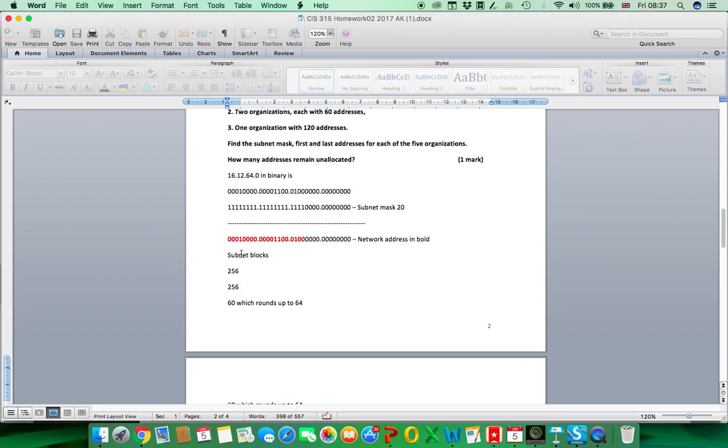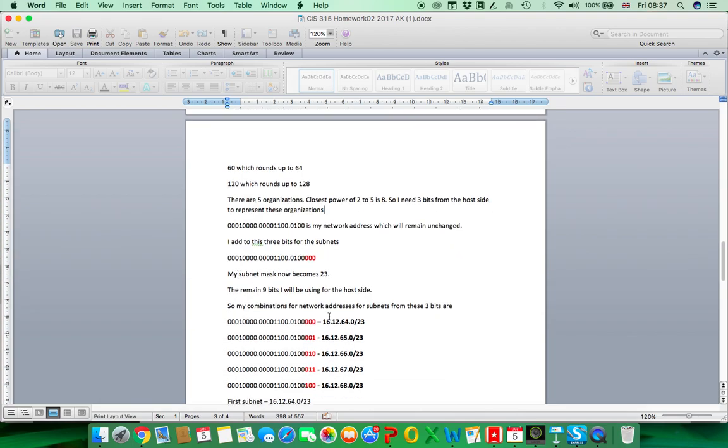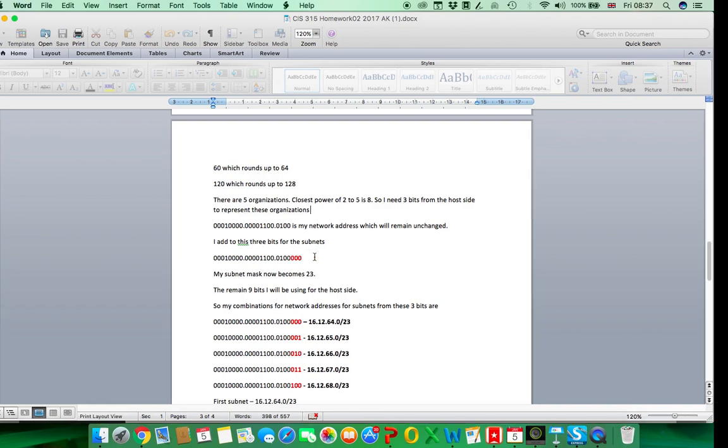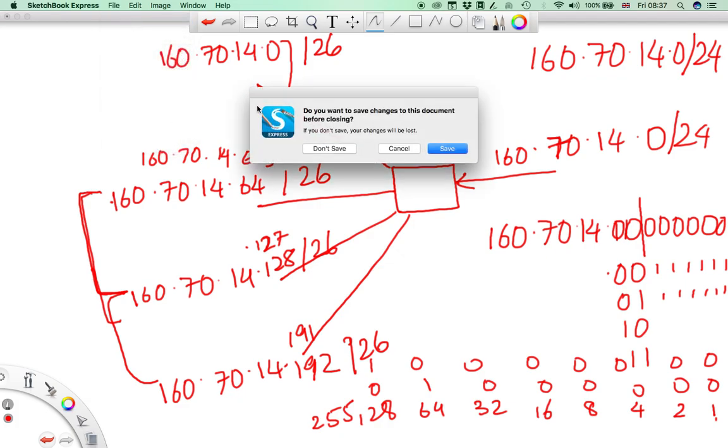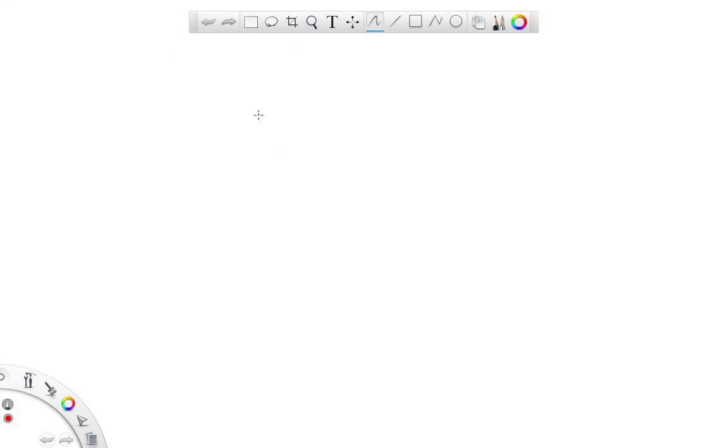Now I have the first 2 subnets. They are having 256 addresses. So what I do in this case, I'm going to use the first. So what are the combinations I could have in this case? Let's do it in here, okay? So the combinations out of the 3 bits we have here, right?